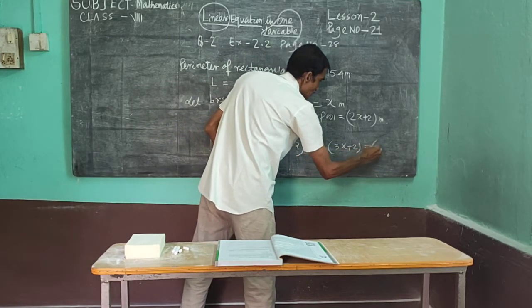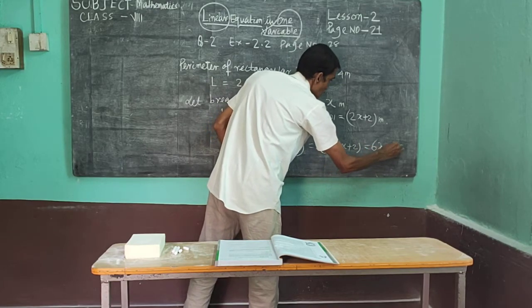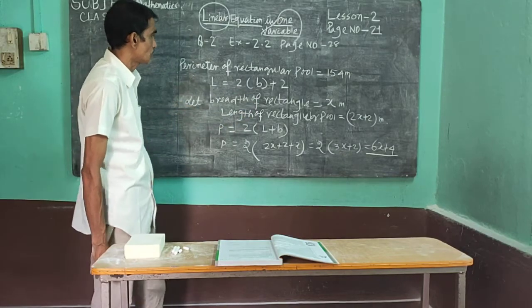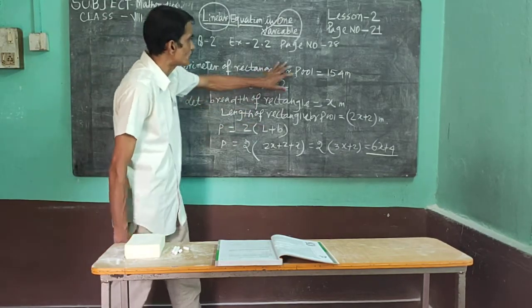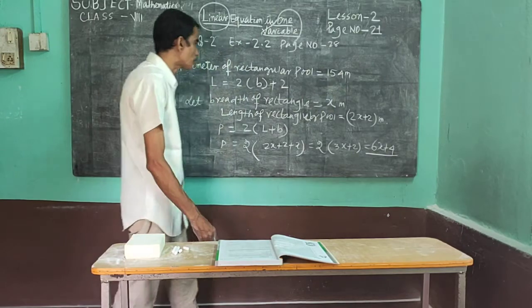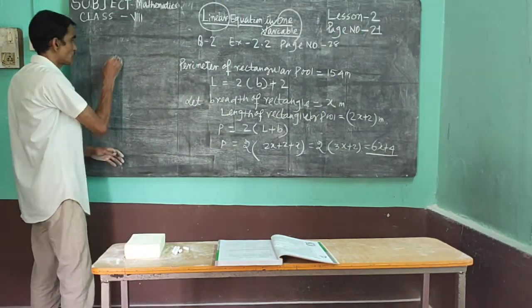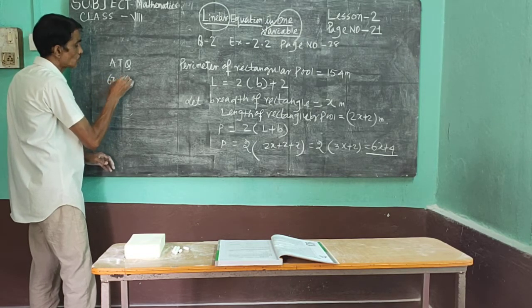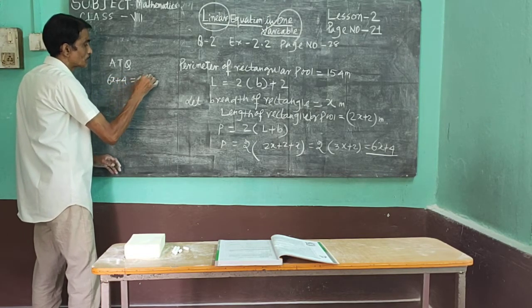If you multiply, you will get 6x plus 4. This is my perimeter according to supposition. But in the book it is given that the perimeter of the rectangle is 154. So according to the question, 6x plus 4 is equal to 154.